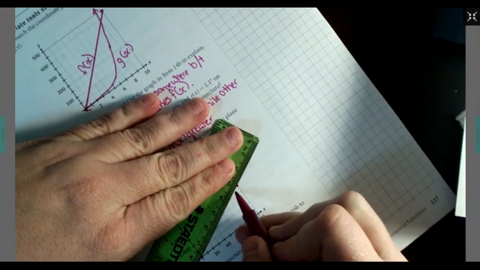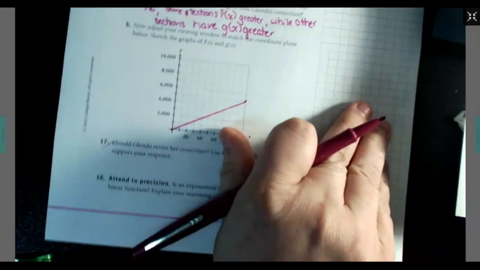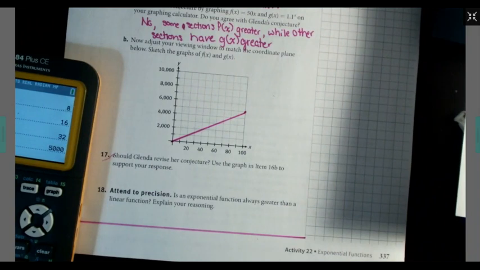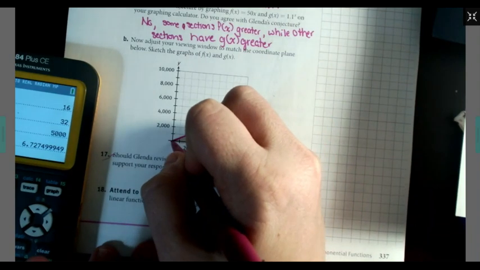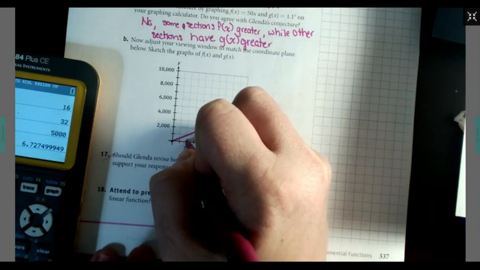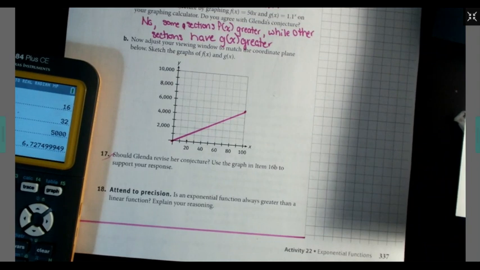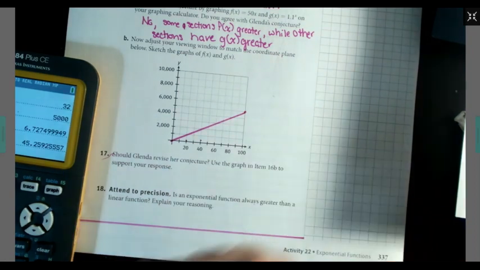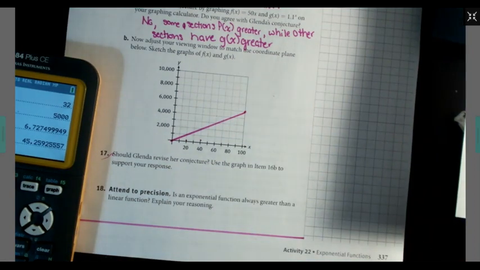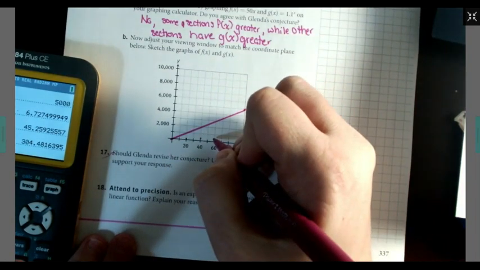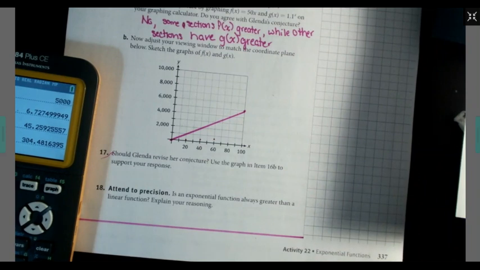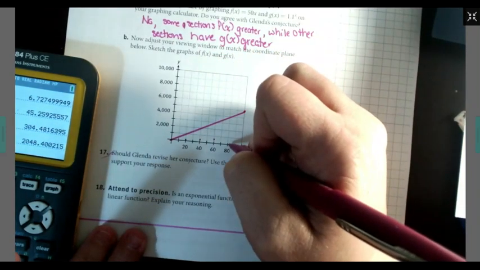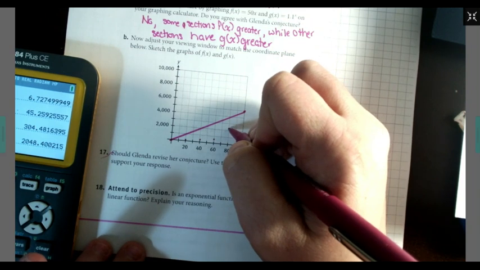Okay, we're going to graph this line. And then I'm going to do 1.1 to the 20 is about 6. So it's going to be really, really low. And 1.1 to about the 40 is about 45. 1.1 to the 60 is about 300, so we're getting closer. 1.1 to the 80 has now crossed to about 2,000.